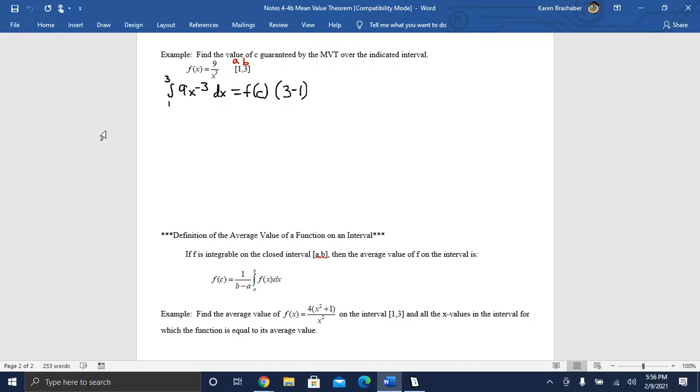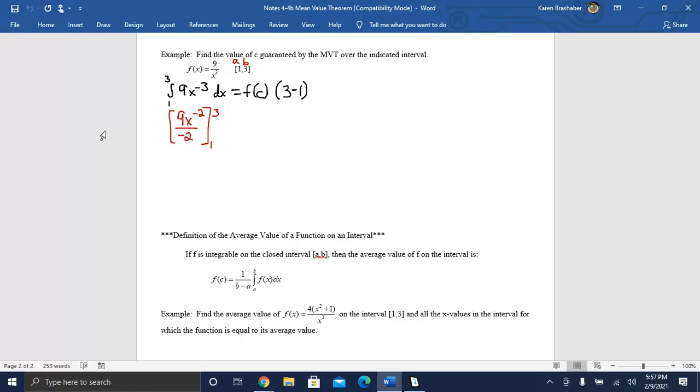So now I can integrate, and doing the integration, I'll use the power rule. So I'll have 9x to the negative 2 power over negative 2, and this will be evaluated from 1 to 3.